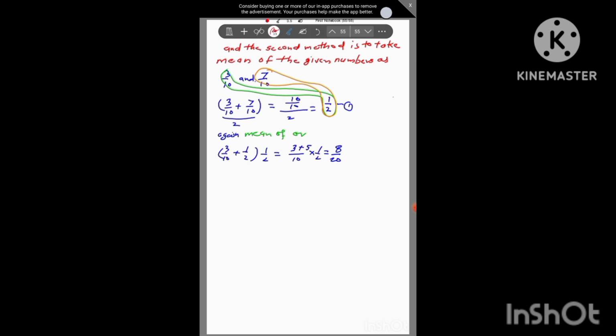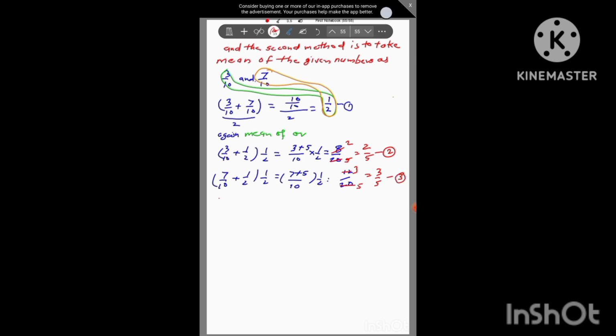Now here we see the mean of 1 upon 2 and 3 upon 10, that will be 2 upon 5. Then you can see the mean of 2 upon 5, the newly formed number, and 1 upon 2, that is also going to be in between the first two numbers 3 upon 10 and 7 upon 10. In the meanwhile we have found the number between 7 upon 10 and 1 upon 2, that is 3 upon 5, which lies in between 3 upon 10 and 7 upon 10.